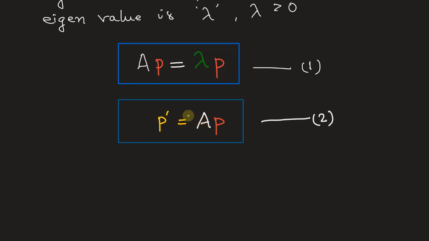First we will substitute the value of P prime is equal to AP in the first equation, that is AP is equal to lambda P, where P is the eigenvector and lambda is the eigenvalue.